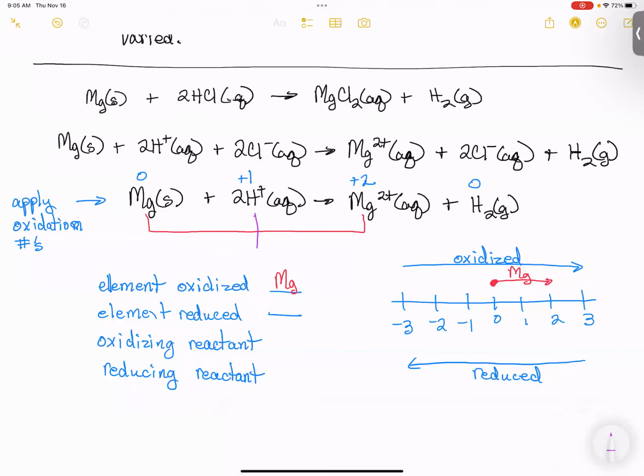Hydrogen is going from a +1 down to a 0. So hydrogen is being reduced.